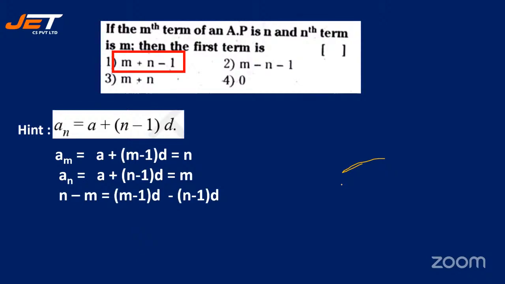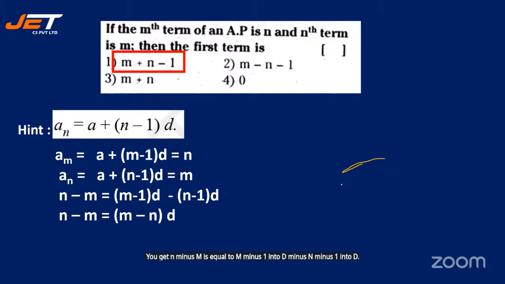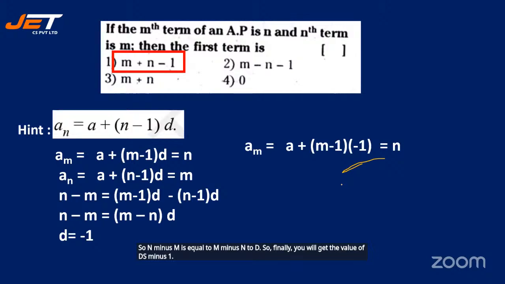So now n minus m, when you do, you're solving the equation, that's all. Okay. So when you solve the equation, you get n minus m is equal to m minus 1 into d minus n minus 1 into d. So n minus m is equal to m minus n into d. So finally you will get the value of d as minus 1 by cancelling.